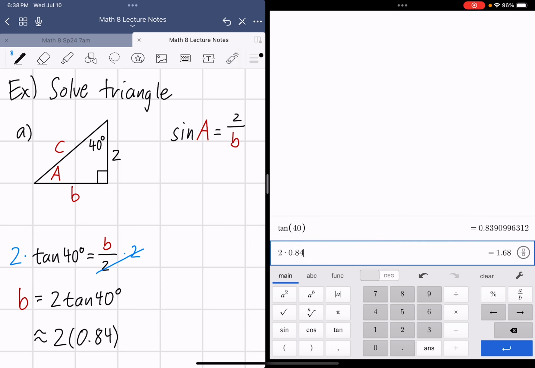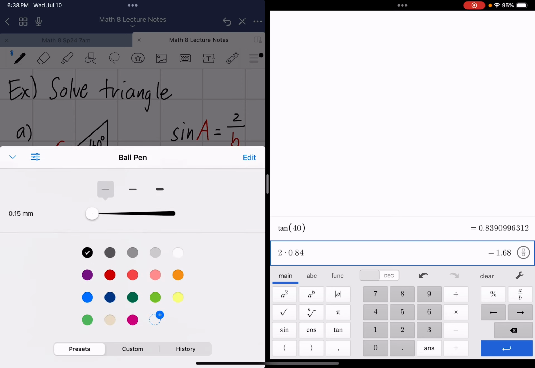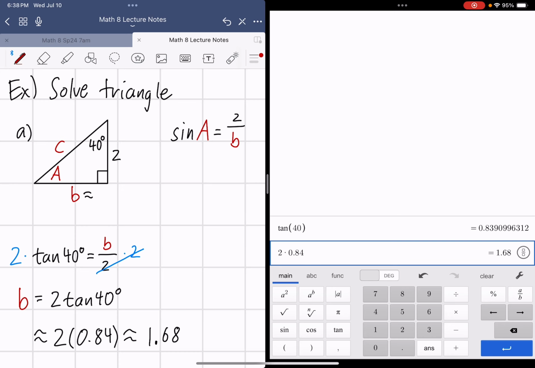I normally would prefer fractions, but since we're using a calculator already, I'll stick to 1.68 for my answer. And that's going to be here for side B. I'll choose red.